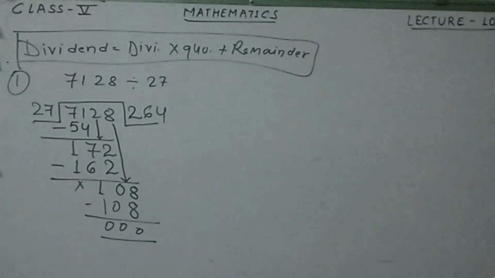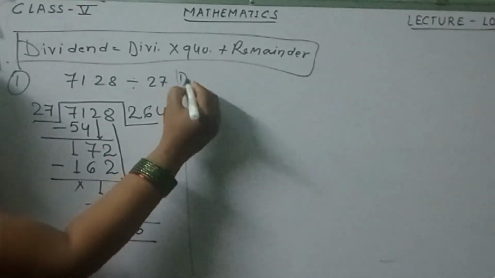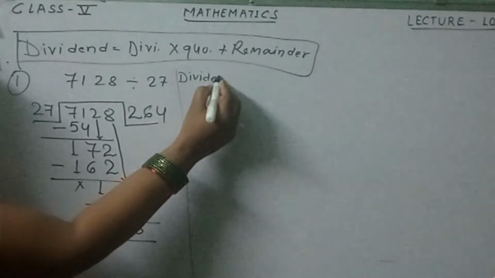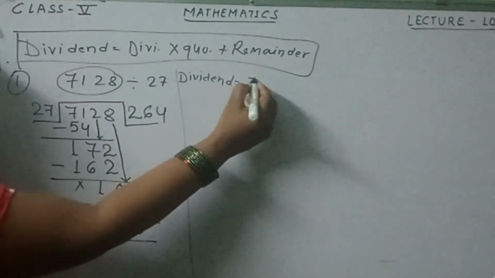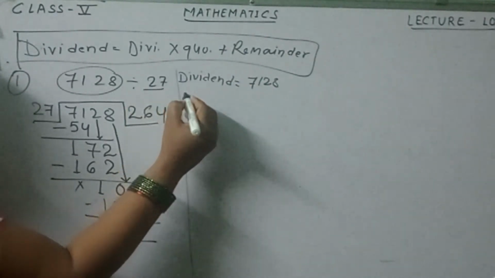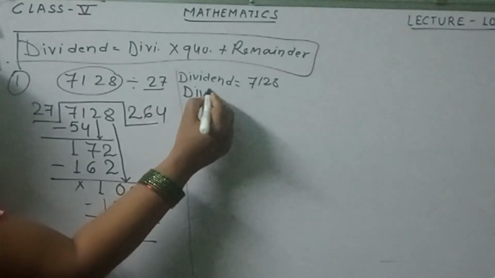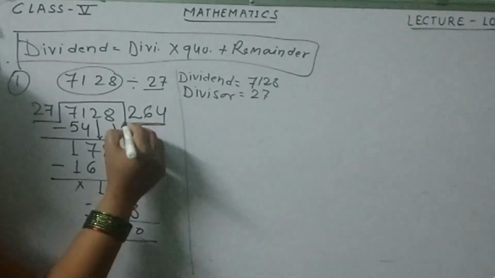Now students, first what you have to do is write everything. What is the dividend here? I told you, this number is the dividend. Dividend is 7128. What is the divisor? Divisor is 27. What is the quotient?